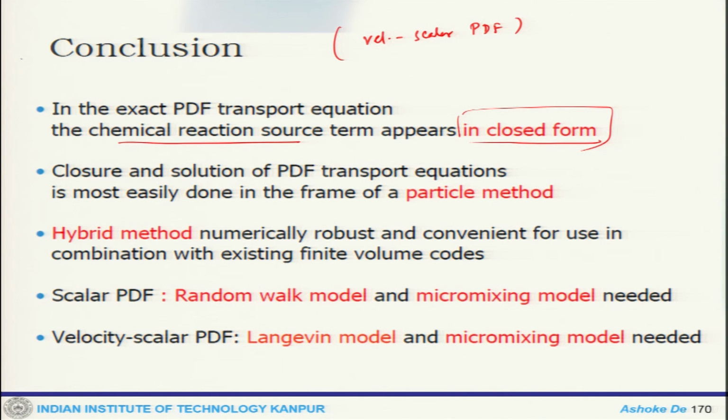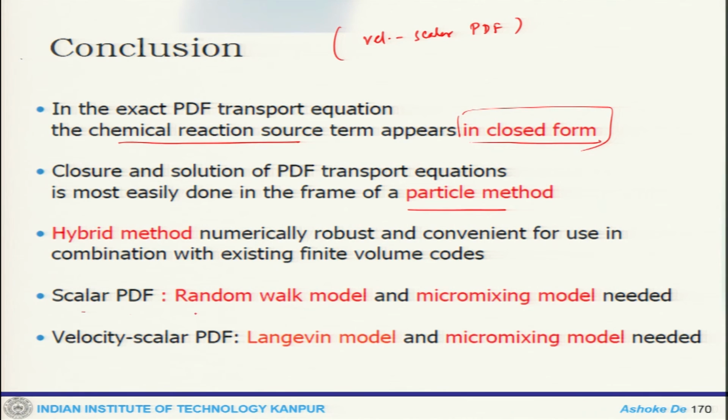Then the solution of the PDF equations is usually achieved with the particle method. So the framework is essentially a hybrid method, which has both the Eulerian and the Lagrangian framework, which is numerically quite robust and convenient for use in combination with finite volume methods or codes.